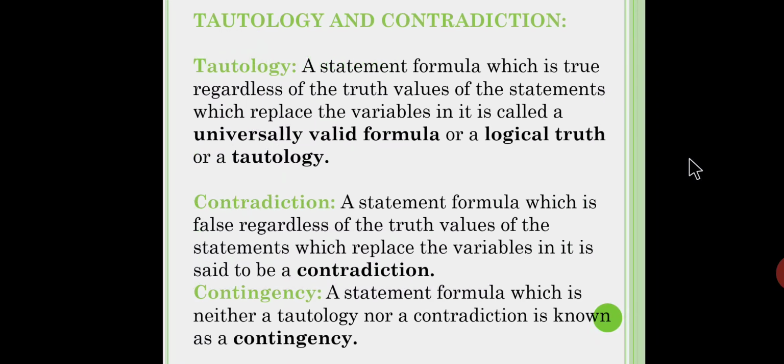So in this video lecture we start with tautology, contradiction and contingency. What is tautology? Definition: a statement formula which is true regardless of the truth values of the statements which replace the variables in it is called a universally valid formula, or a logical truth, or a tautology.